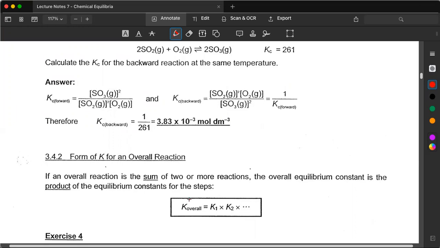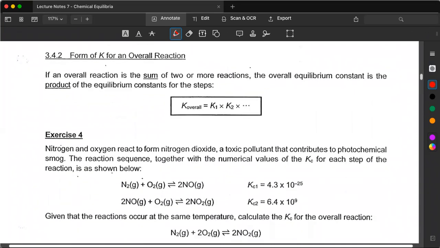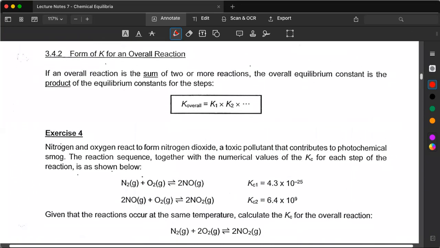So let's say you have this exercise. Nitrogen and oxygen react to form nitrogen dioxide. These are the numerical Kc of the individual steps. Assuming the same temperature, if the temperature is constant, then there is no change in K. If you combine these two equations, it will be like this.